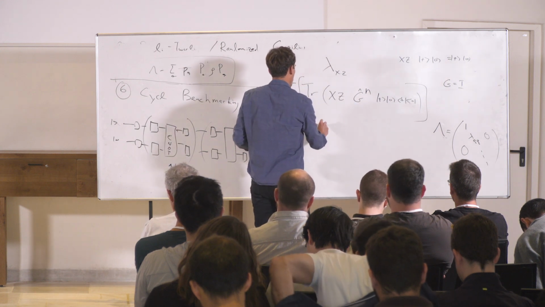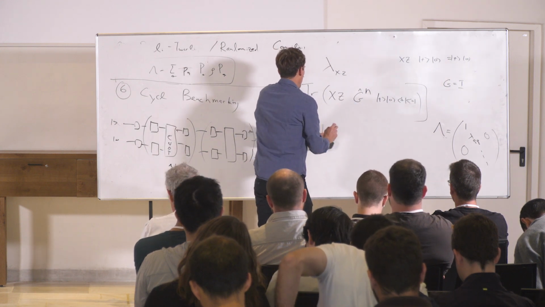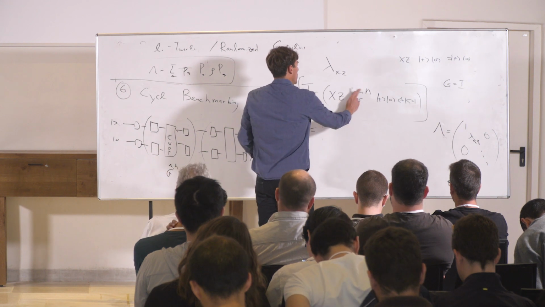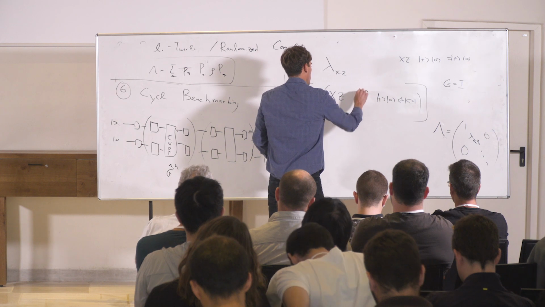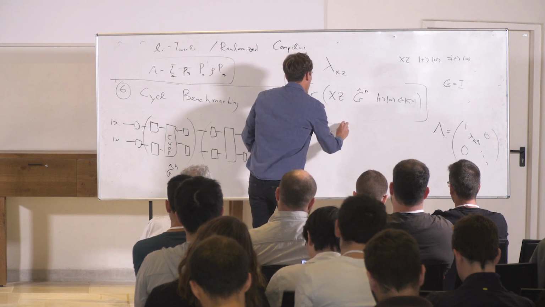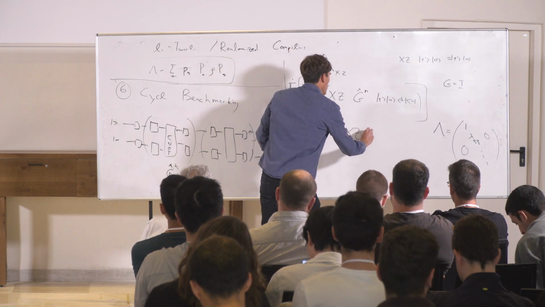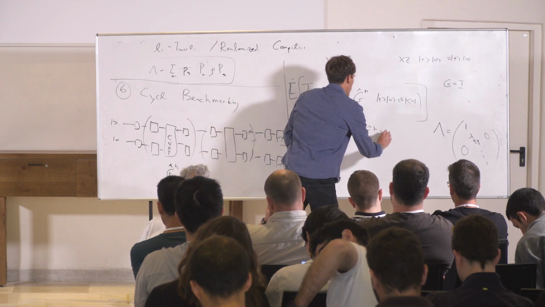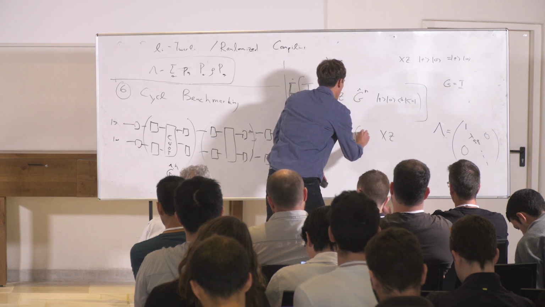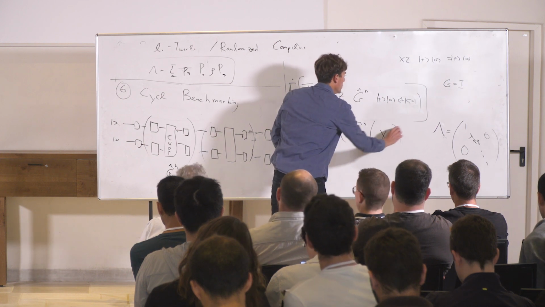So this is applying G hat. This is equal to the trace of xz G to the power n acting on xz.